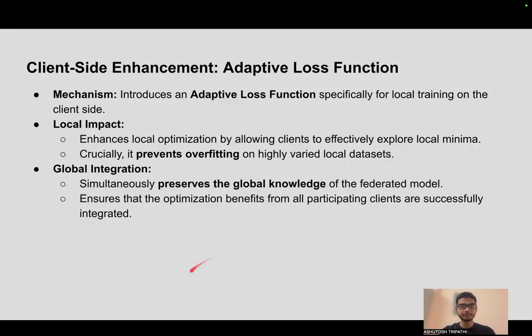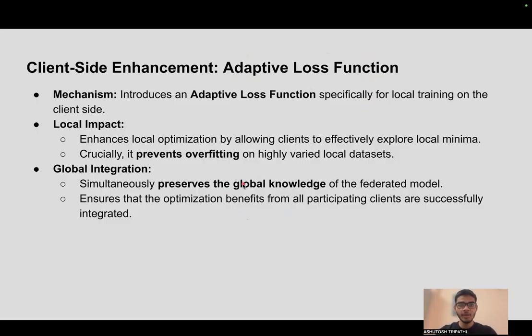Let's see more. This is one part that we have explored, and we also argue that only the server-side aggregation that we do for the final layers is not sufficient. Should we also do some client-side enhancement during local training? More specifically, we have proposed an adaptive loss function for local training on the client side. Let's have an overview first of what it does, then we will dive deeper.